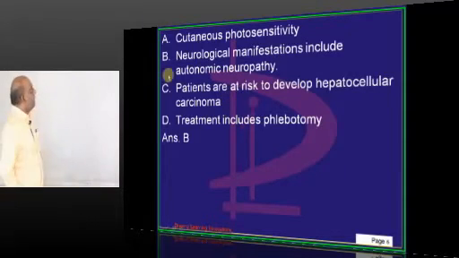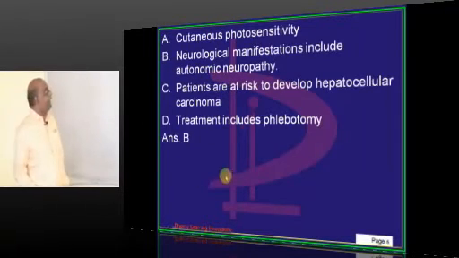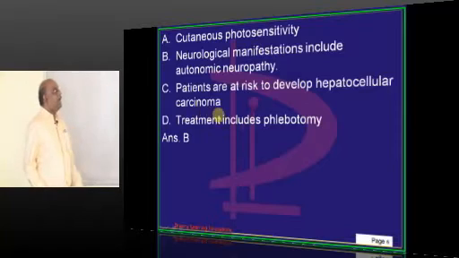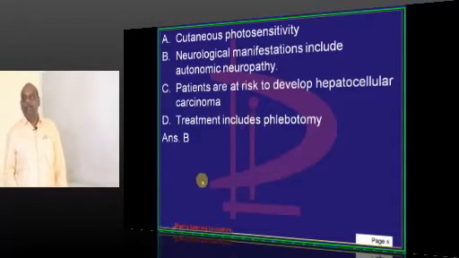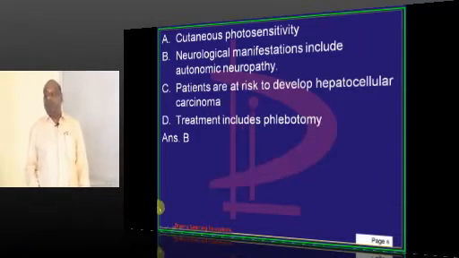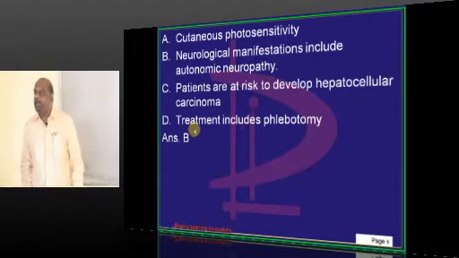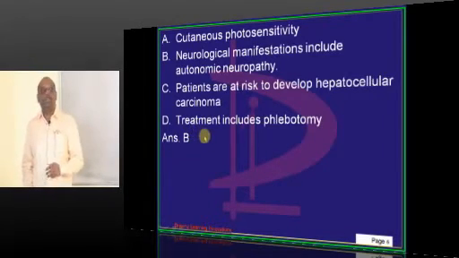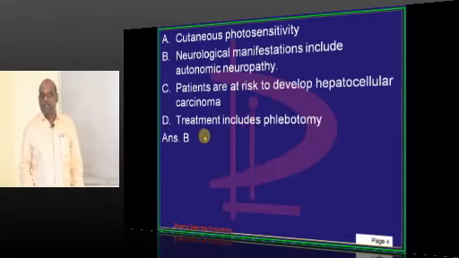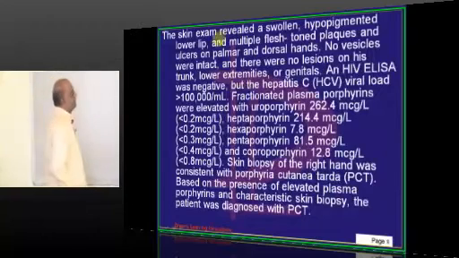But in this, there will be no neurological manifestations, only cutaneous hypersensitivity, and hepatocellular carcinoma predisposition will be there. The treatment of choice is phlebotomy, where you puncture their vein and squeeze out a couple of units of blood on a regular basis.